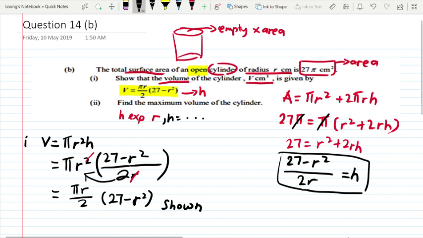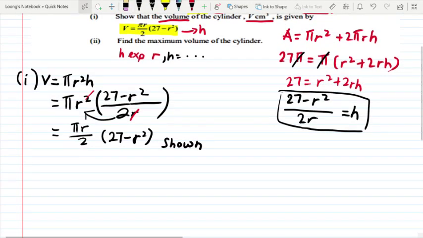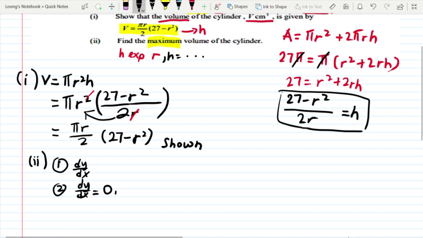And this is question number 1. And the next is question number 2. Question number 2 here is maximum volume, and continue again. There are 3 steps. The first part is dV/dr. The second part is dV/dr equals to 0 to find the value.